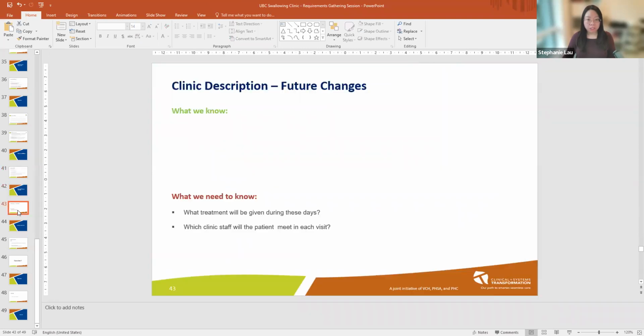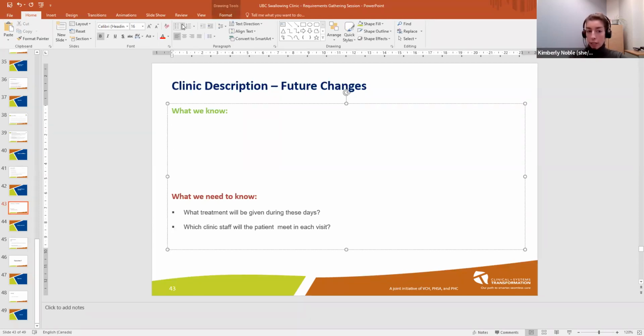Any potential changes that we know in the upcoming months for the clinic that you guys are aware of? Not necessarily a given, but there's potential. So MBS is one diagnostic swallow assessment. Another one is FEES, which I'm sure you have heard of too, the flexible endoscopic evaluation of swallowing. We don't currently have that equipment at UBC Hospital, but we're working on requesting that.